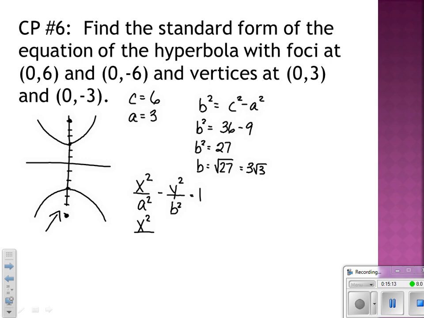So x squared over 3 squared, subtract y squared over 3 root 3 squared, is equal to 1. Cleaning that up, x squared over 9 minus y squared over 27 equals 1. I would take either of those. I think the second one looks a little bit better.